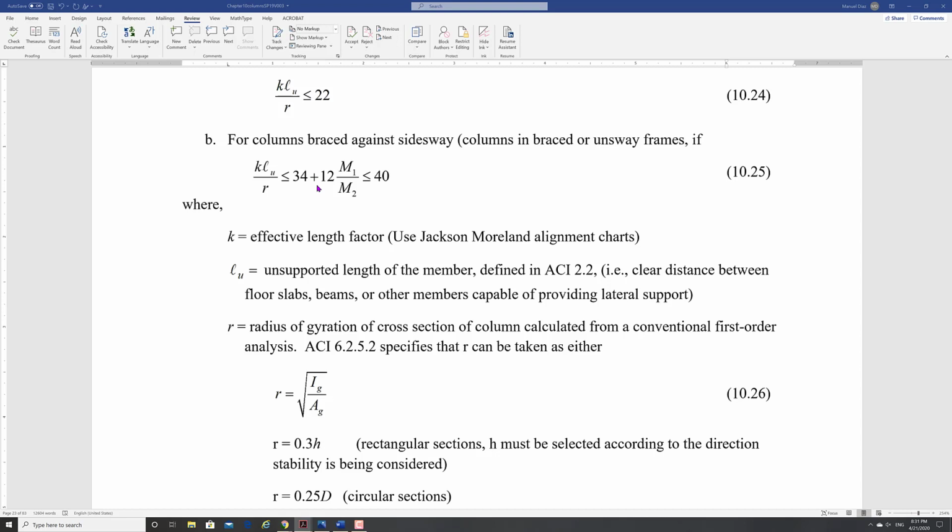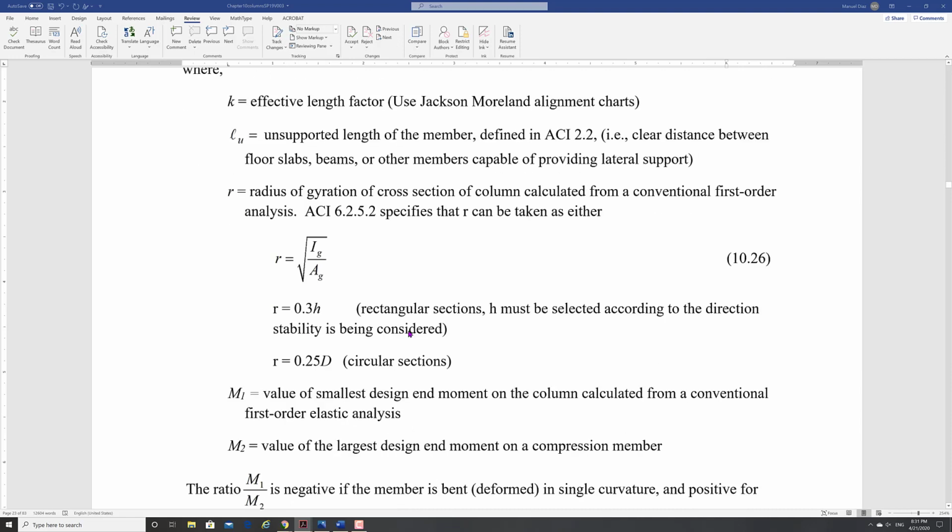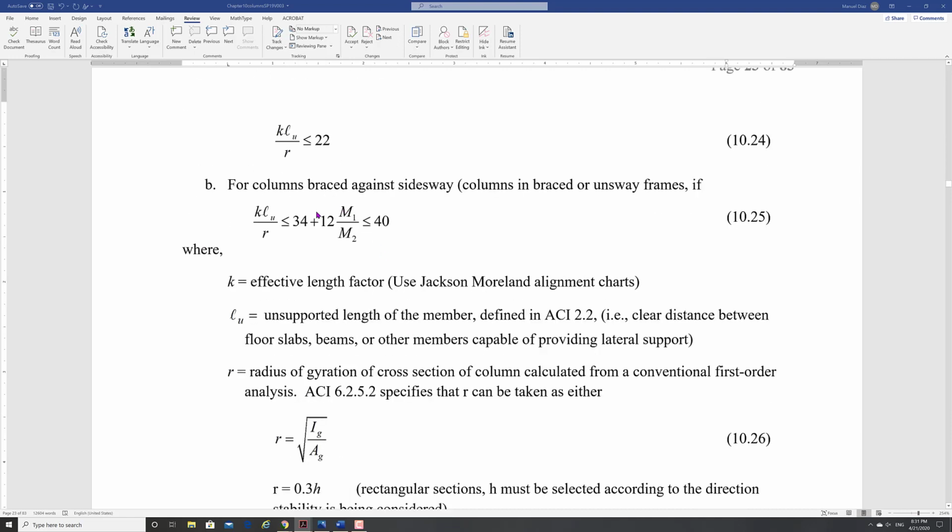So be careful with those other solutions. They had to be used with the proper equation. The results have not changed. The only thing is that in 2014 they made this sign, which was negative, positive, and therefore to keep the same result they had to change the definition of what is negative and what is positive for the ratio of M1 over M2.